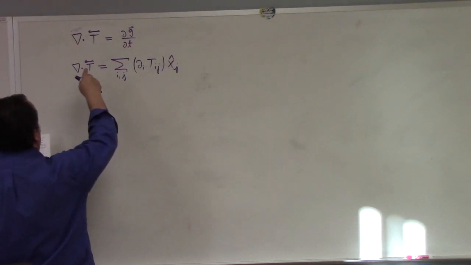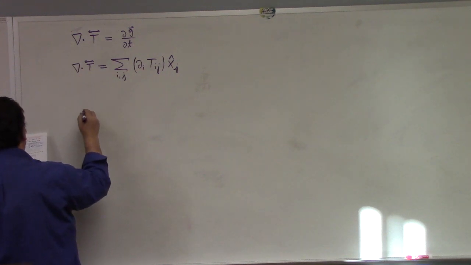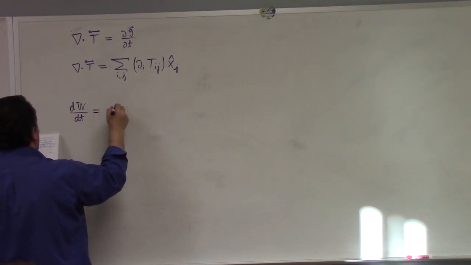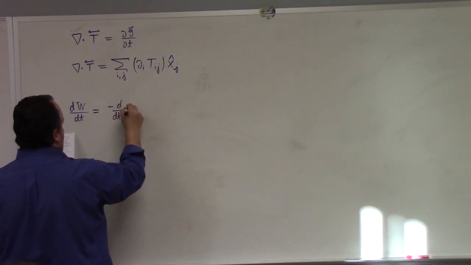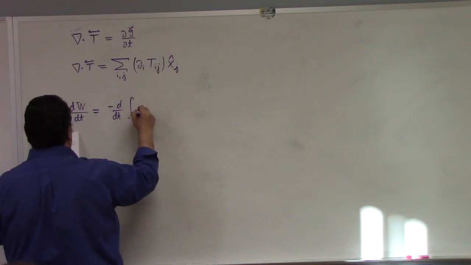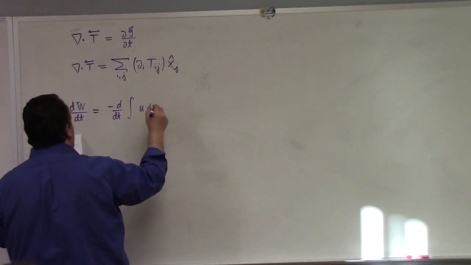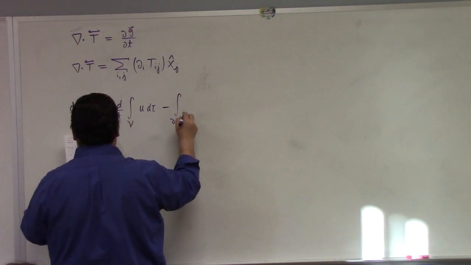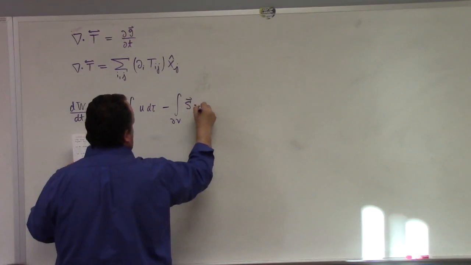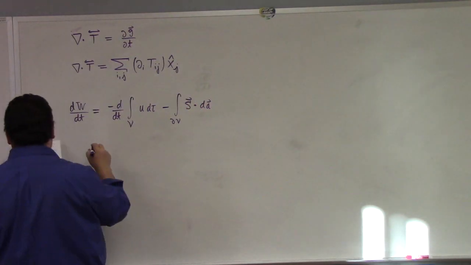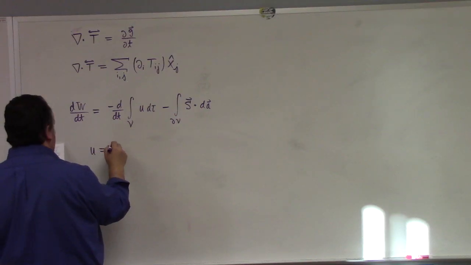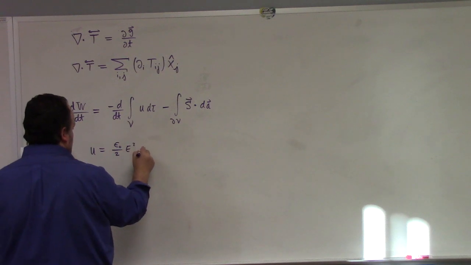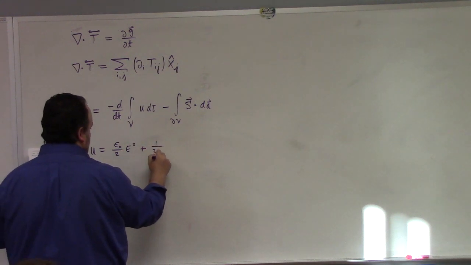So yeah, we had this today. Last class we talked about dW/dt, right, being equal to minus d/dt of the integral over u d tau, minus the integral over the boundary of V of S dot dA, right? Where u was epsilon naught over 2 E squared, plus 1 over 2 mu naught B squared.